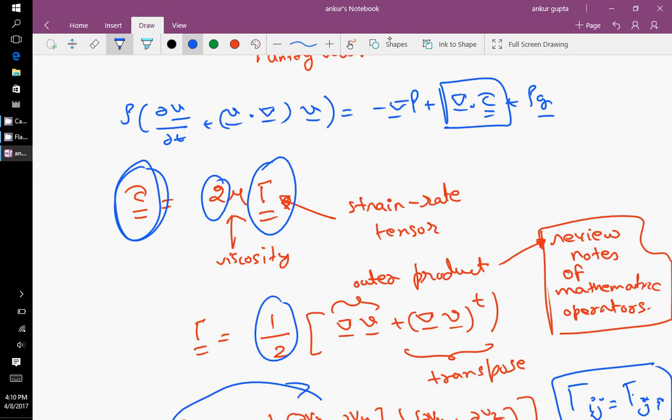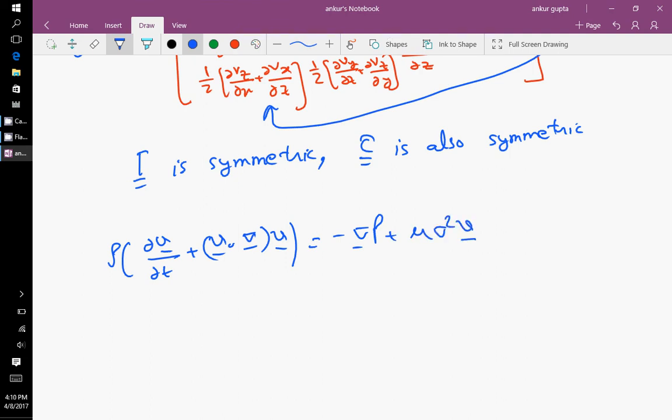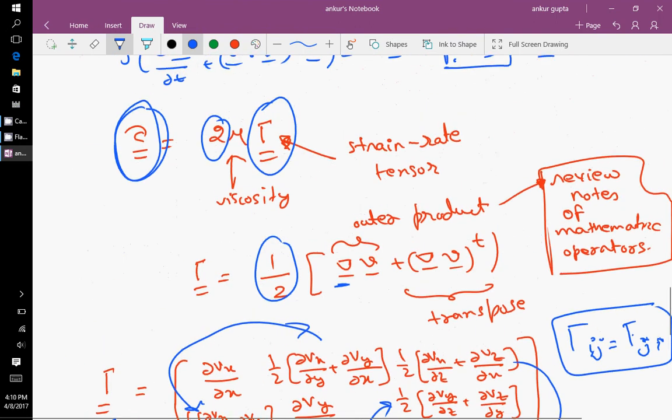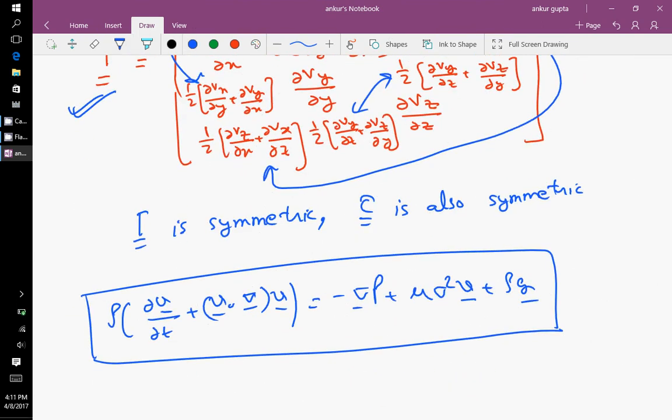You can take the mu out, and because there is one del here and another del here, once you put it in the balance equation, it becomes the Navier-Stokes equation. This comes because when you put tau as 2 mu gamma, where gamma is half of del V plus del V transpose, and you simplify, this actually becomes del square V vector.